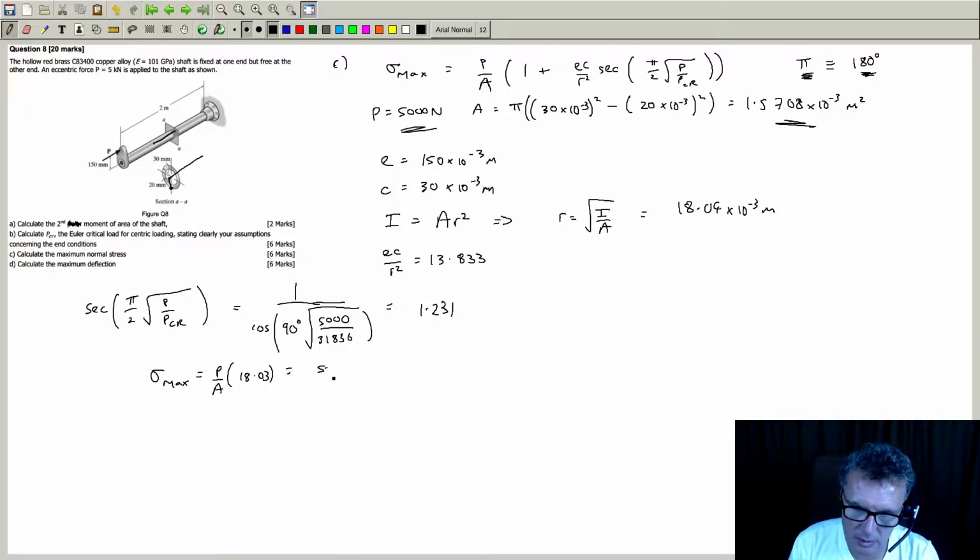So 5,000 over the cross-sectional area of the tube, 1.5708 times 10 to the minus 3, and that gives me 57.4 megapascals.